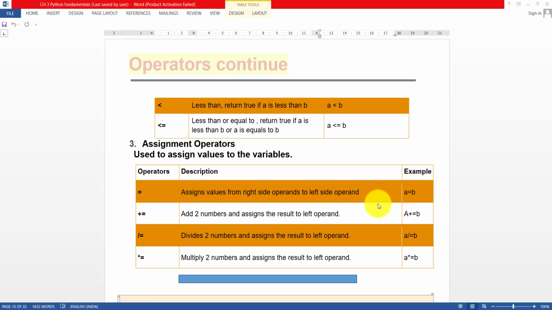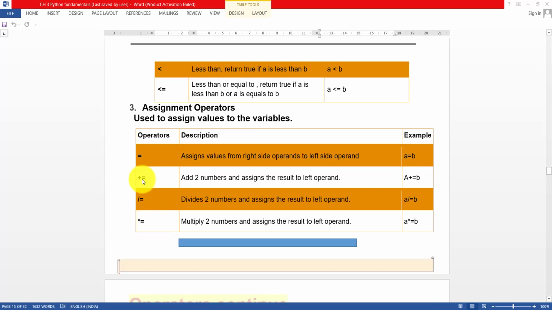If we write A equal 5, the value 5 will be stored in the variable A. We can use it like this, A equal B, meaning the value of B will be assigned to the variable A. Next is the short form, plus equal, meaning addition of two numbers and assigning the result to the left operand, A plus equal B. A plus equal B means A equal A plus B, so the variable A will be updated. Clear?